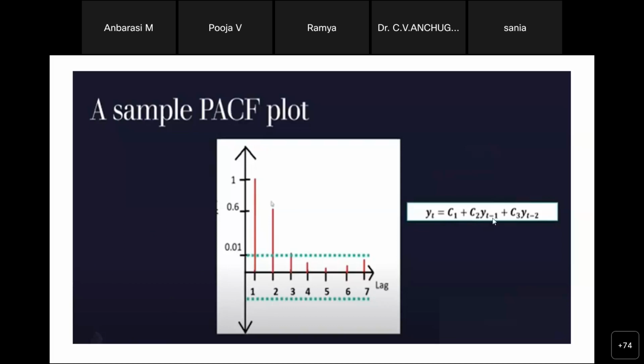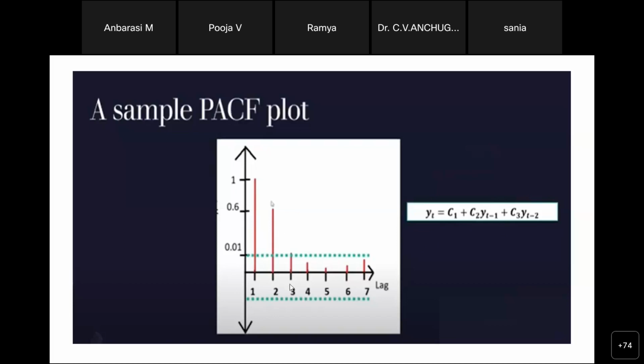That means what? Only the two previous values are going to be considered for the future value. Okay, if I want to predict the y value, then in that case they will consider the previous two values only. So only the values going beyond the 0.01 are going to be considered.